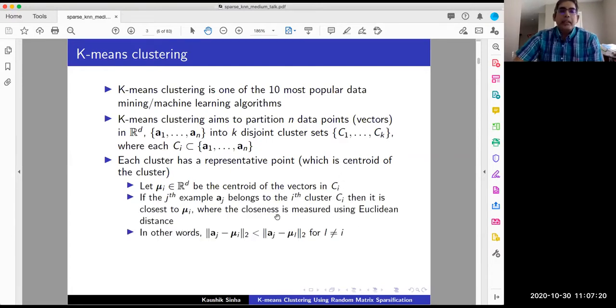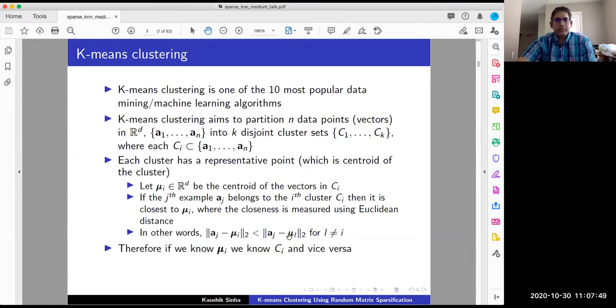Now, the meaning of within-cluster similarity is that if the jth example Aj belongs to the ith cluster Ci, then it is closest to its corresponding representative point, the centroid mu i, as opposed to the centroid points from other clusters. Essentially, the Euclidean distance between the jth data point and the ith representative point will be smaller than the distance between the same data point and any other centroid from the other clusters.